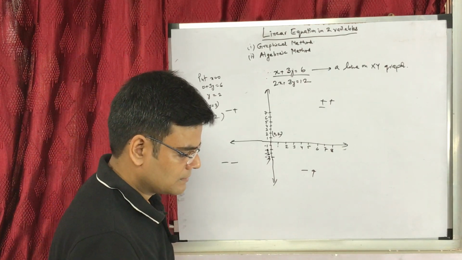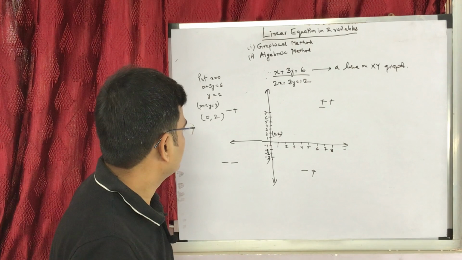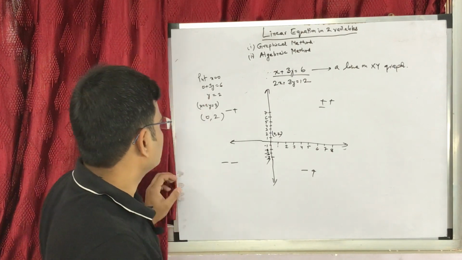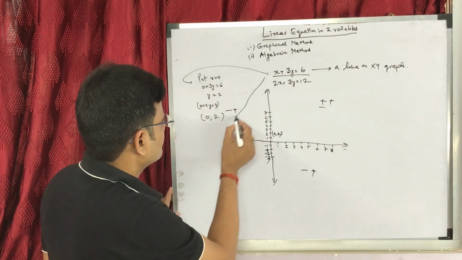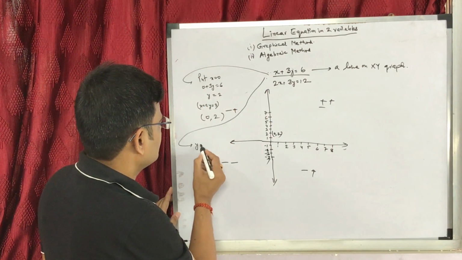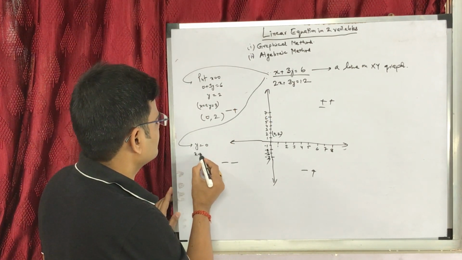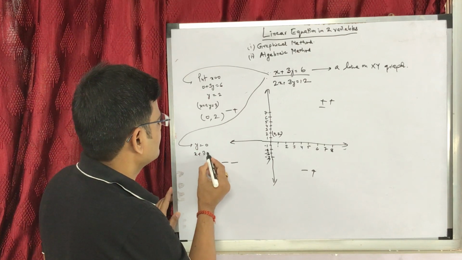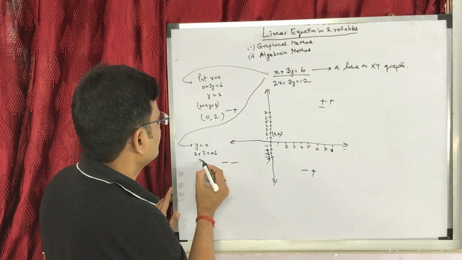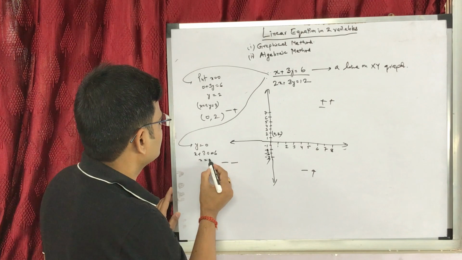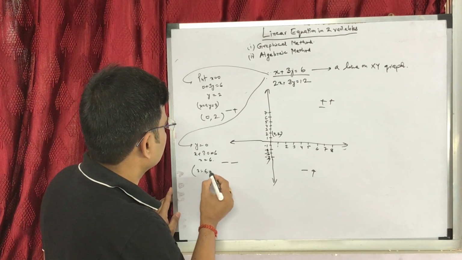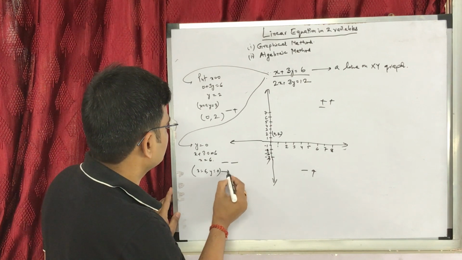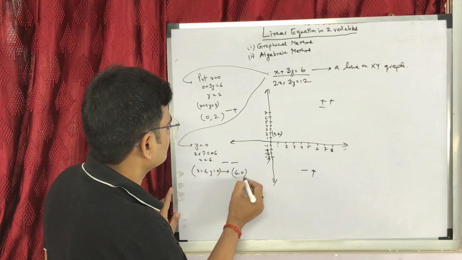Similarly, you put y equals 0 in this. It becomes x plus 3 into 0 equals 6, so x equals 6 and y equals 0. The coordinates are 6, 0.